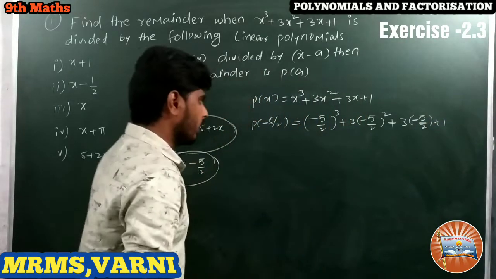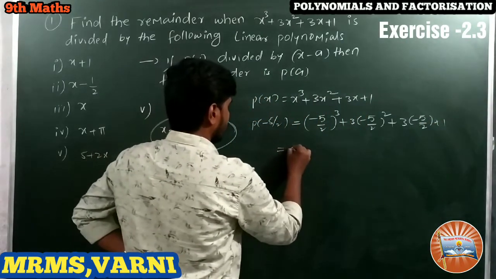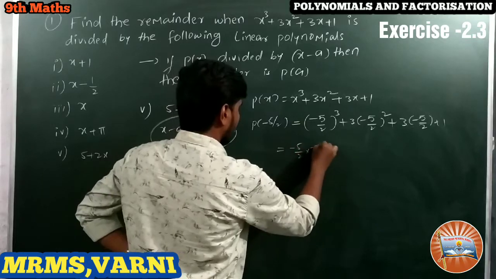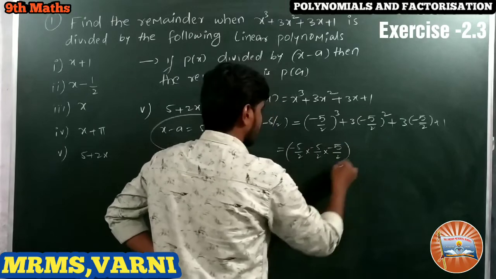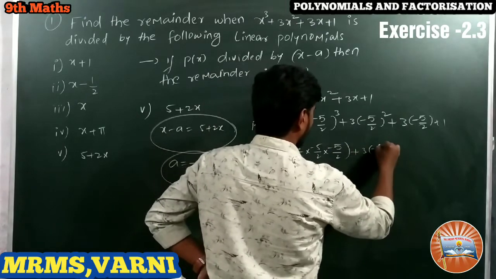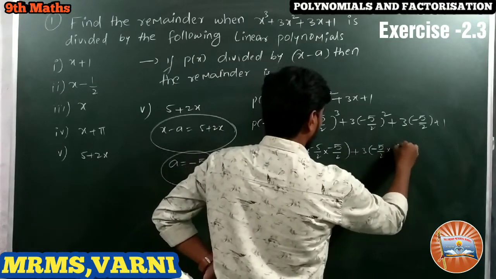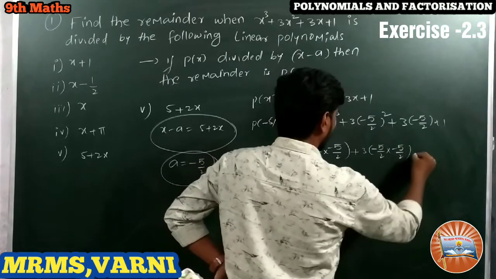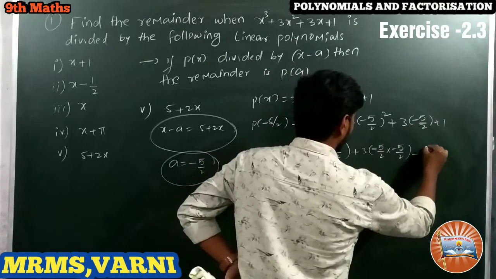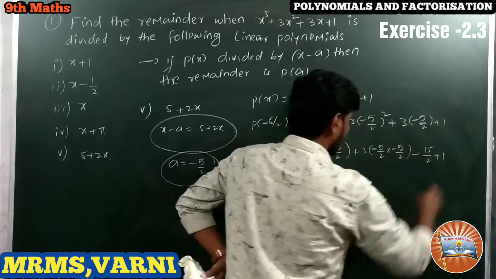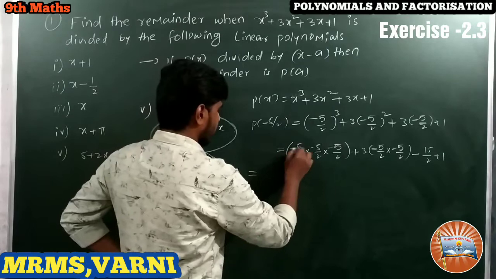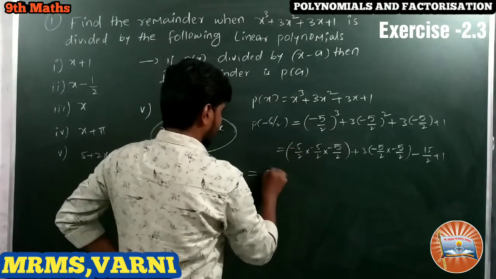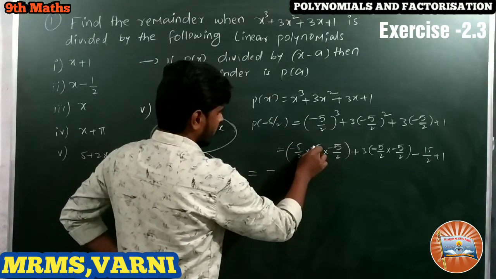Now minus 5 by 2 into minus 5 by 2 into minus 5 by 2 plus 3 into minus 5 by 2 into minus 5 by 2 plus 3 into minus 15 by 2 plus 1.